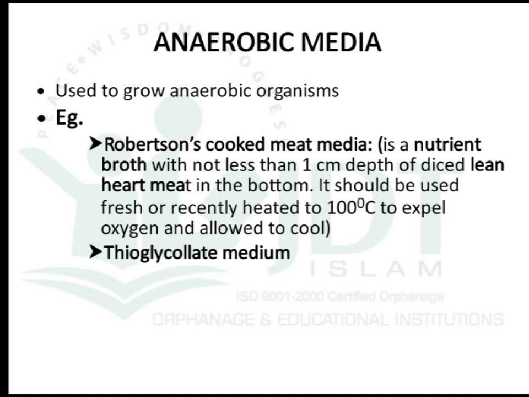This one is anaerobic media, which is used to grow anaerobic microorganisms. An example is Robertson's cooked meat media, in which nutrient broth has not less than 1 centimeter depth of diced lean meat at the bottom, and it should be used fresh or recently heated to 100 degrees Celsius to expel the oxygen and then allowed to cool before use. Another example of anaerobic culture media is thioglycolate media.